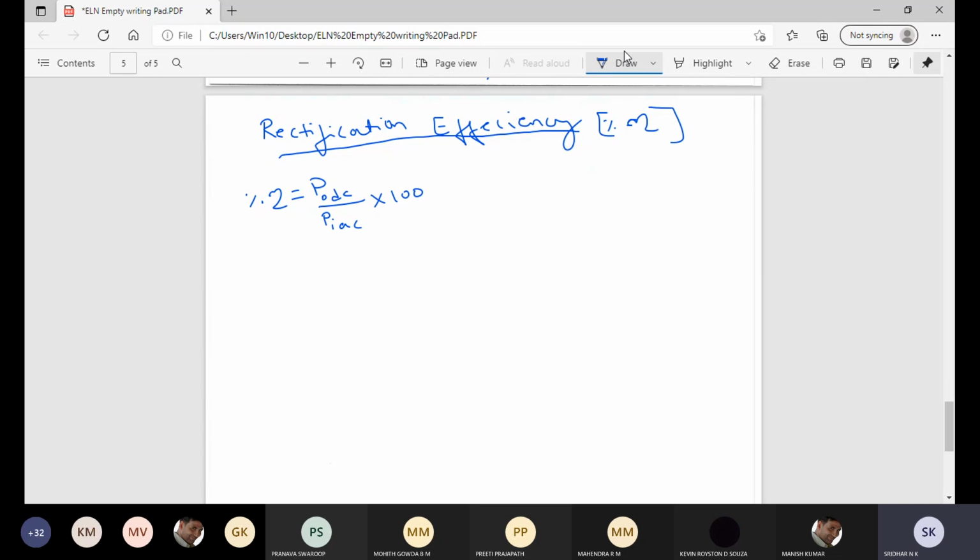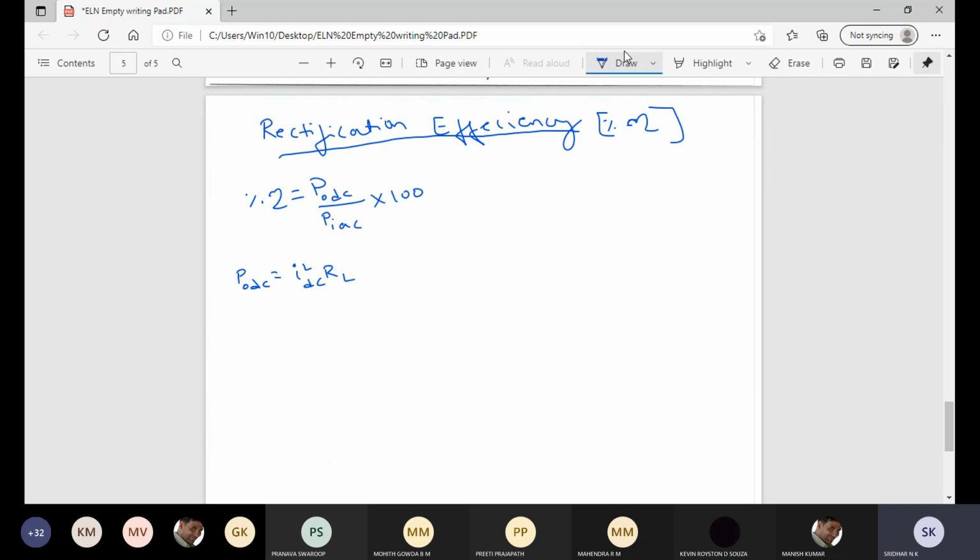We'll first solve for the half wave rectifier, that is P output DC. P DC is equal to, what is P? Power. How do you represent power? I square R, correct? So I square DC into RL.